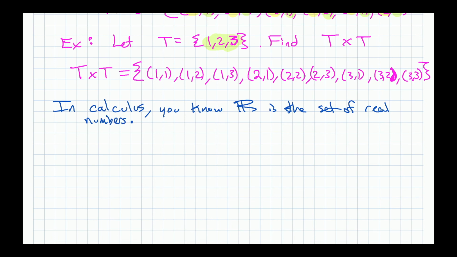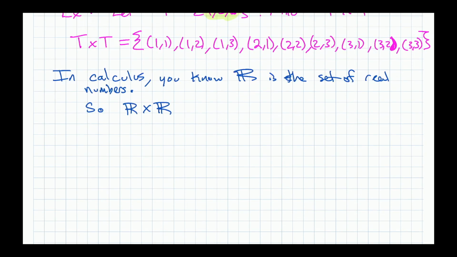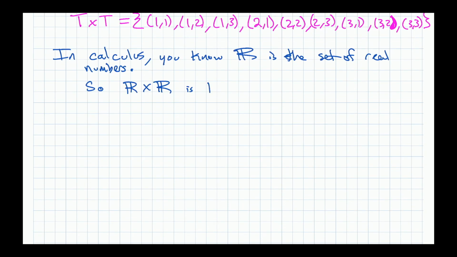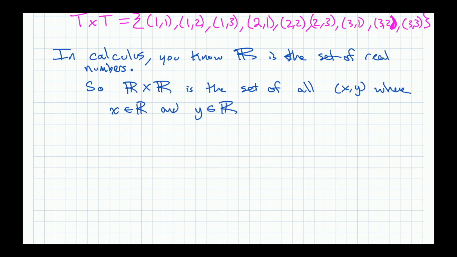If you wanted to look at R cross R, it is the set of all (x, y), where x is from R and y is also from R, right?